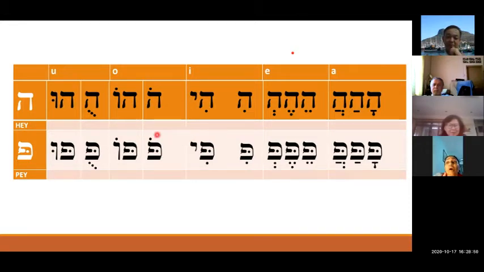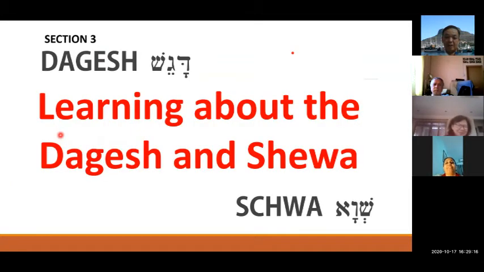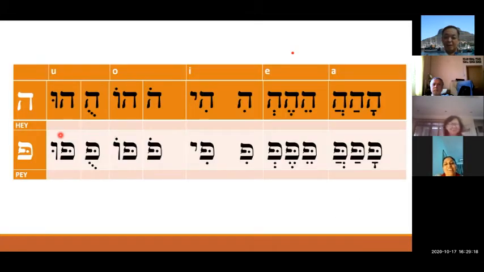Excellent. With the holum, po. And now with the holum vav, po. Yes. Okay. Now the last one, U class vowel with the kibbutz, pu. And then pu with the shuruk. Okay. All right.